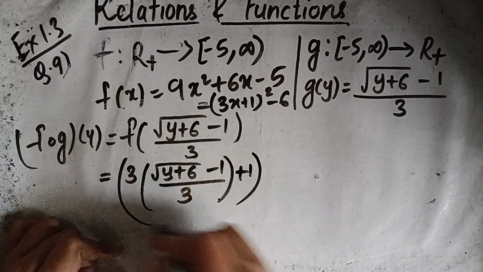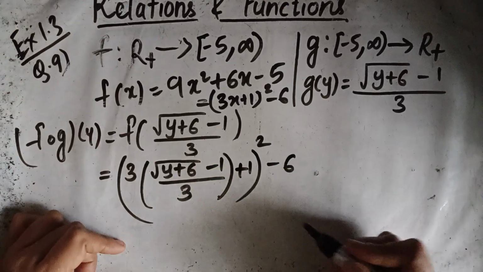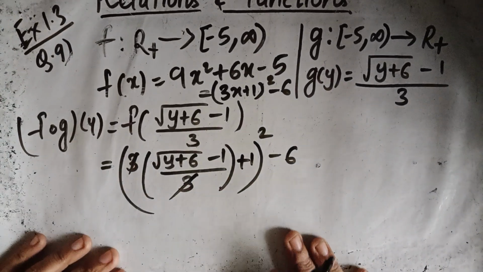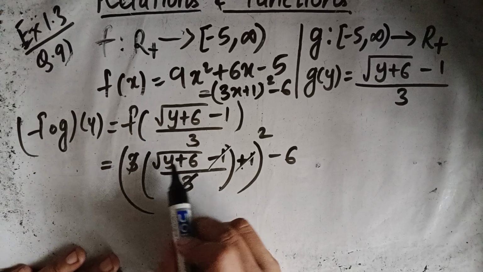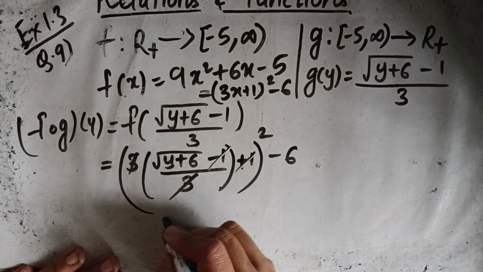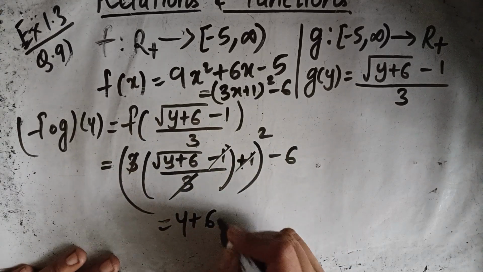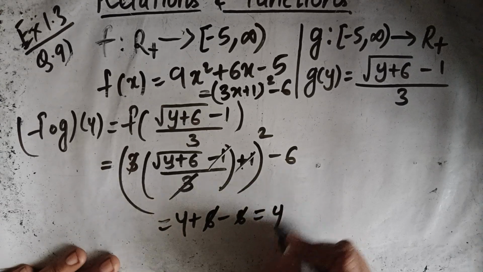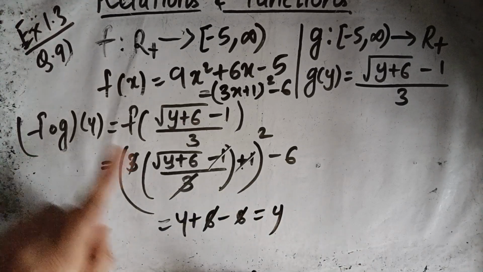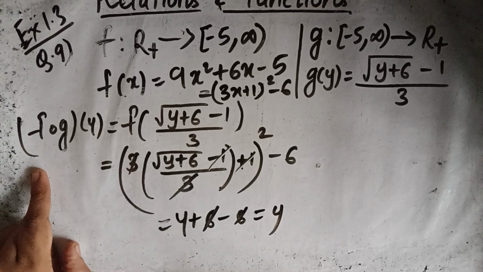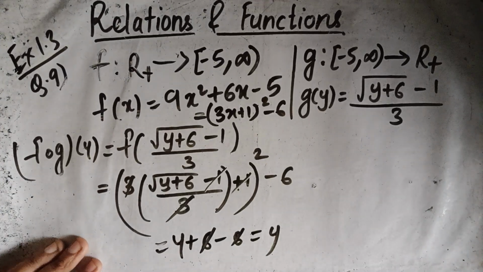You can cut this 3, minus 1 plus 1 goes, this root and this square cancel, and you get y plus 6 minus 6, which is y. So f composite g of y is y, and this becomes identity.